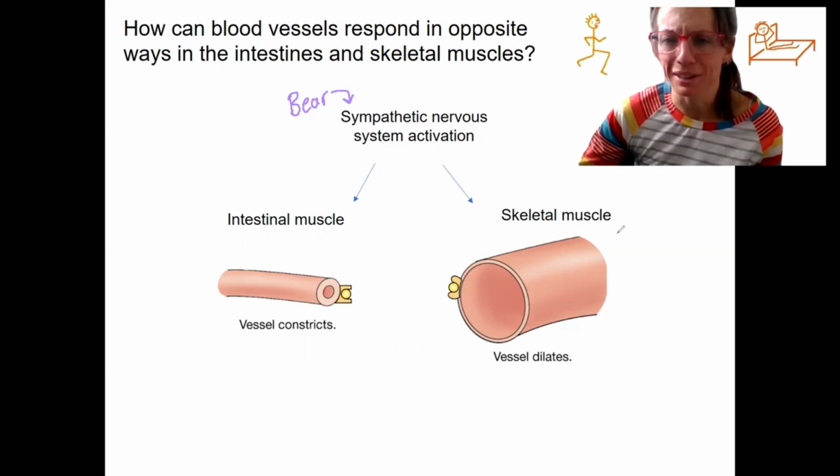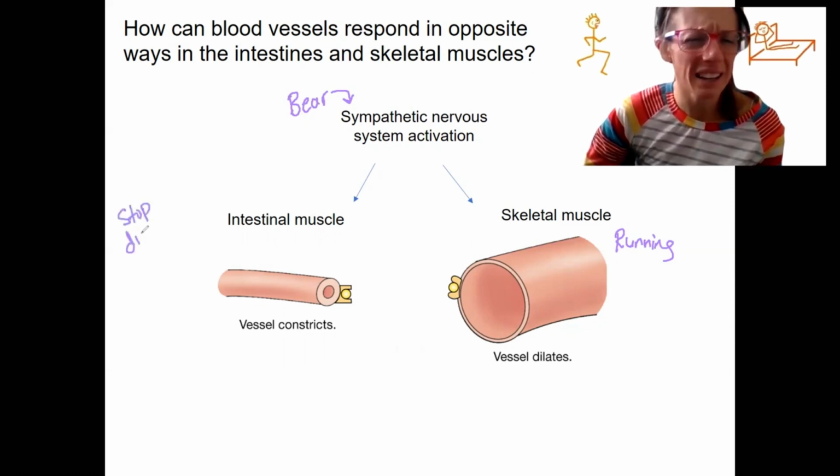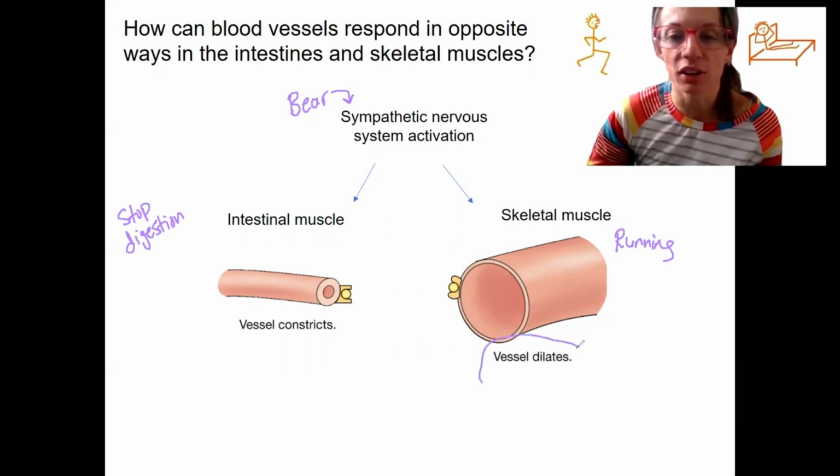So this is about, let's just say, running. This is going to allow you to run. This is going to allow you to stop digestion. Why? Well, we want to have our energy going to running, not to digestion. We want the blood to flow this way. Dilation is going to open up that blood vessel and cause more blood to flow here.